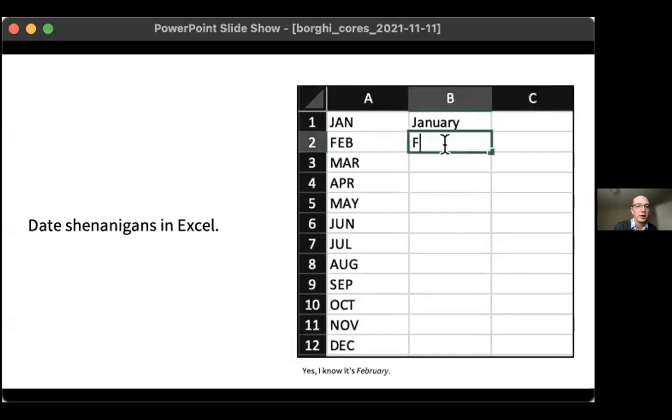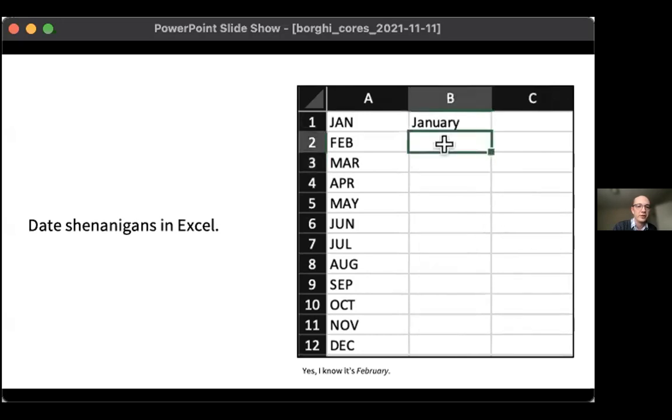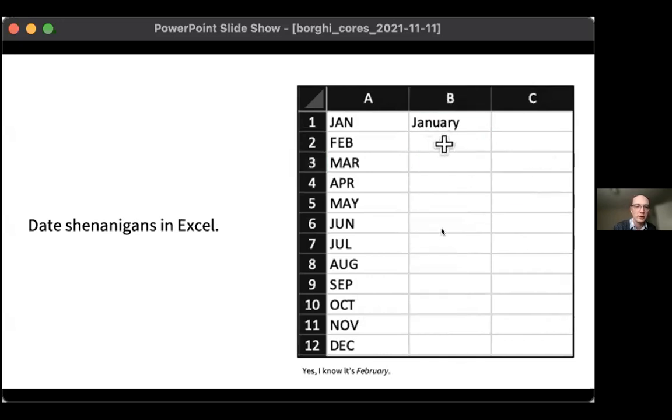This is a pretty classic demonstration. This was trending on Twitter a couple of weeks ago, of simple things that you can do during data entry that really mess up your results. So this is Excel automatically messing around with some dates. I know I'm misspelling February here, but I'm doing that to show how silly Excel can be.